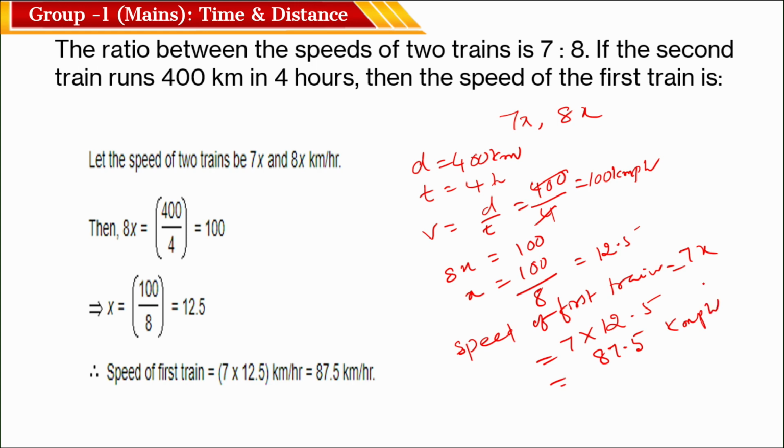Clear? So, you can find the speed of the second train. Do you understand? The speed of the second train is 100 kilometers per hour and the speed of the first train is 87.5 kilometers per hour. You can cross check whether they are in the ratio 7:8 or not. That is simply 87.5 is to 100. You can calculate it also, correct?